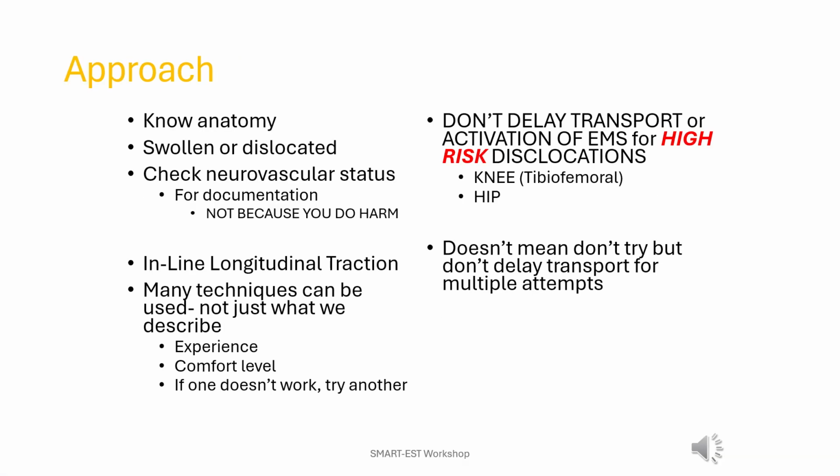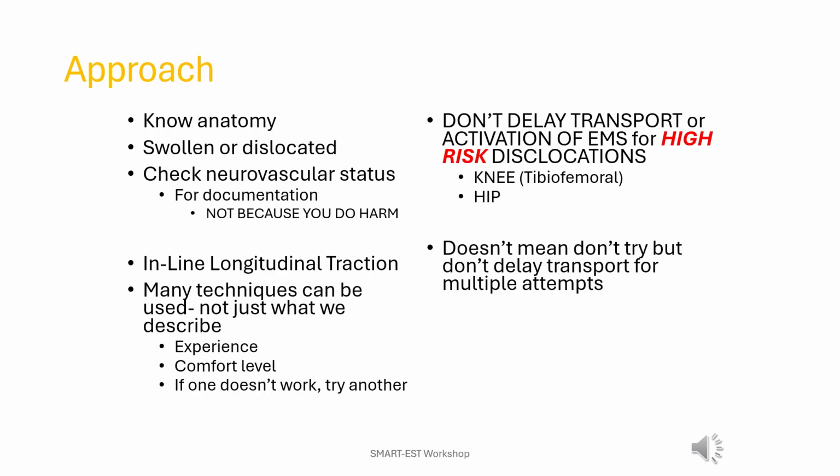So let's talk about the approach in dislocation management. First of all, it's critical: you must know your anatomy. You must have a solid anatomical foundation before you attempt any type of joint reduction. You've got to be able to assess the difference between whether the joint is swollen or dislocated.